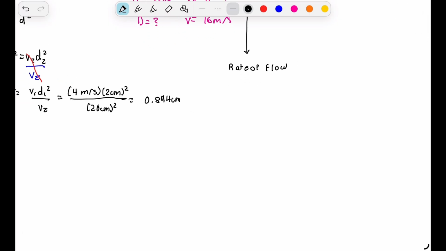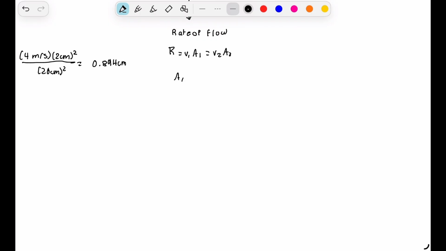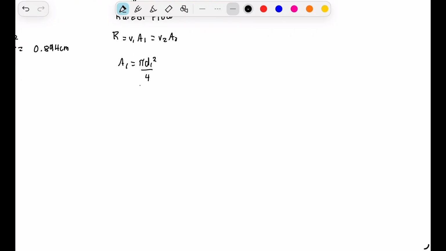You're going to use R for rate of flow, which is equal to V1 A1 equal to V2 A2. So we know that A1 is equal to pi D1 squared over 4.